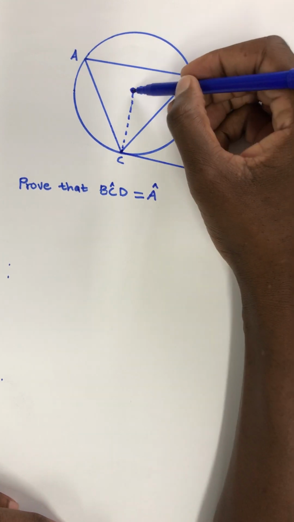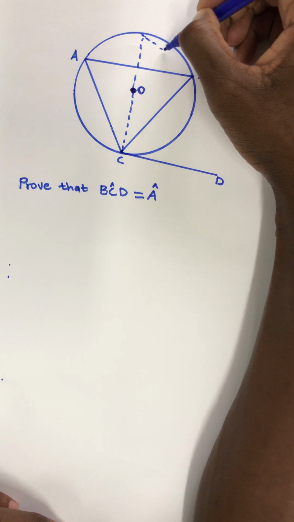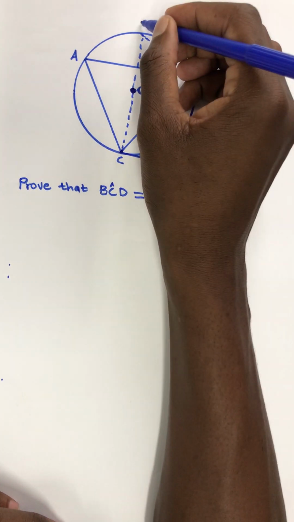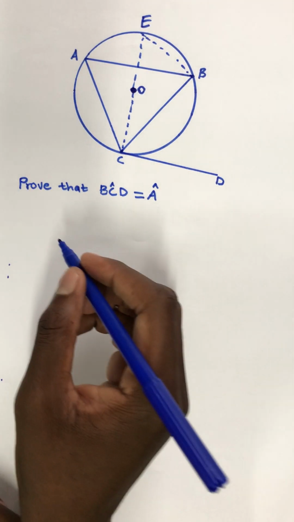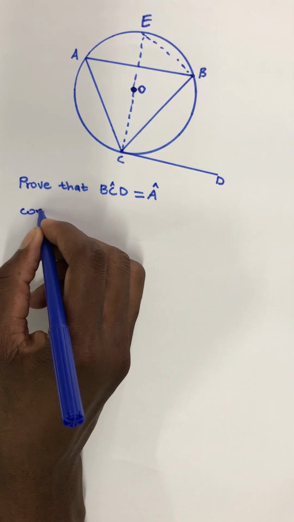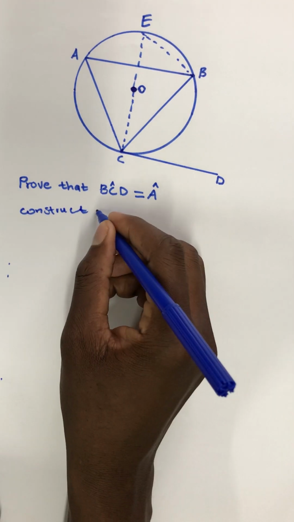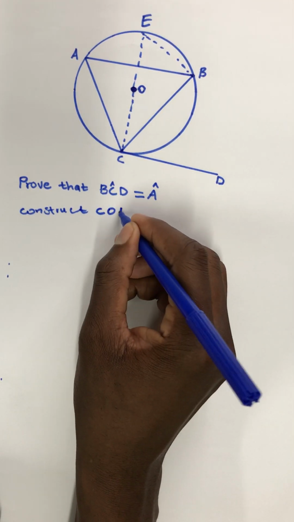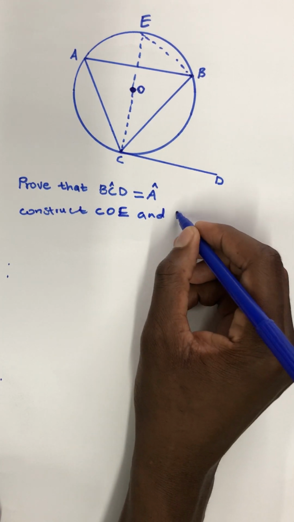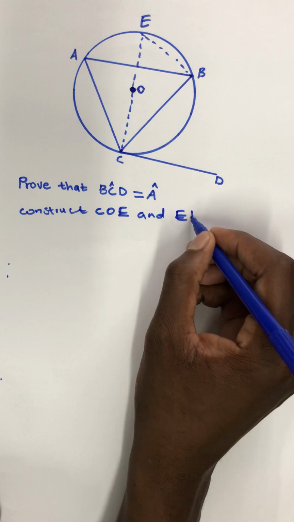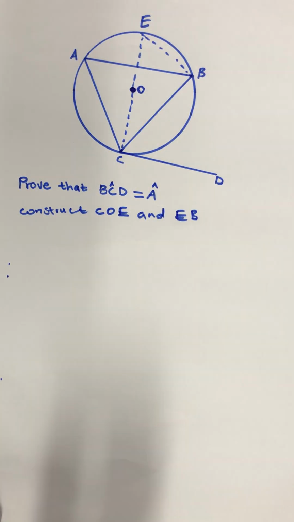We make our own construction, and let's say this is E. So we construct CO, E and EB.